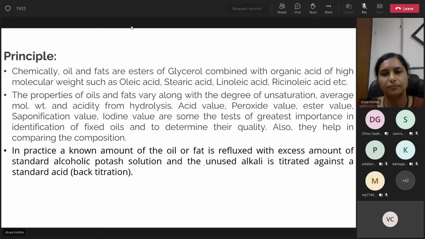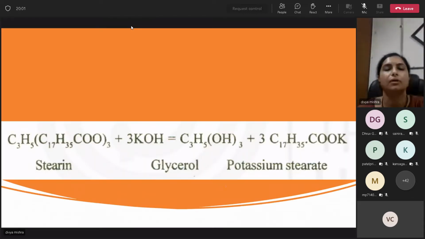Yes, ma'am. Okay, you can also refer this term in Vogel. Now this is a fat stearin. We are refluxing it with alkali potash. So what we are getting?